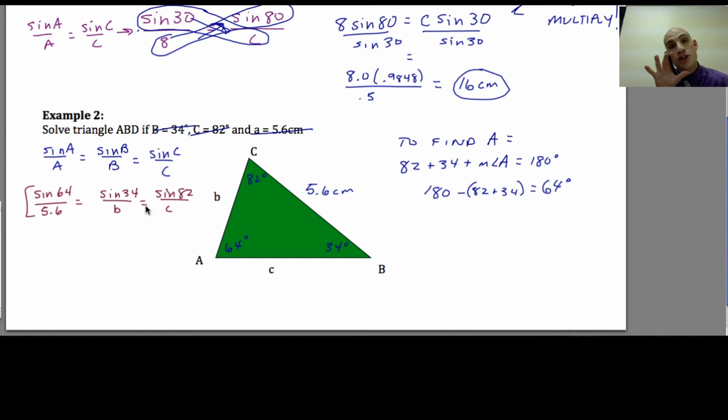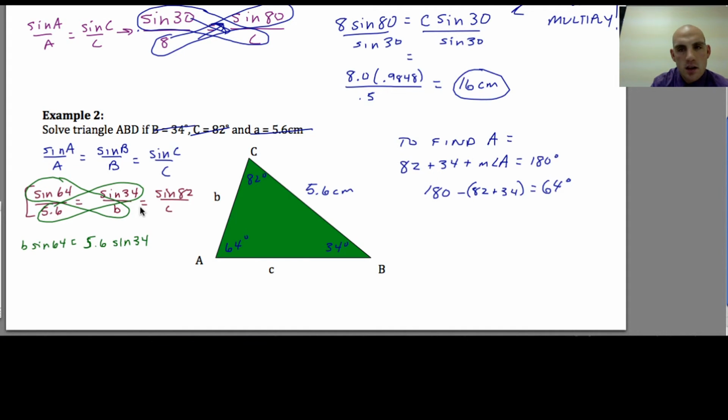This is what we're going to use for all of the calculations here. My first one I'm going to do is cross multiply these to find B. So B times sine of 64 is equal to 5.6 times sine 34.